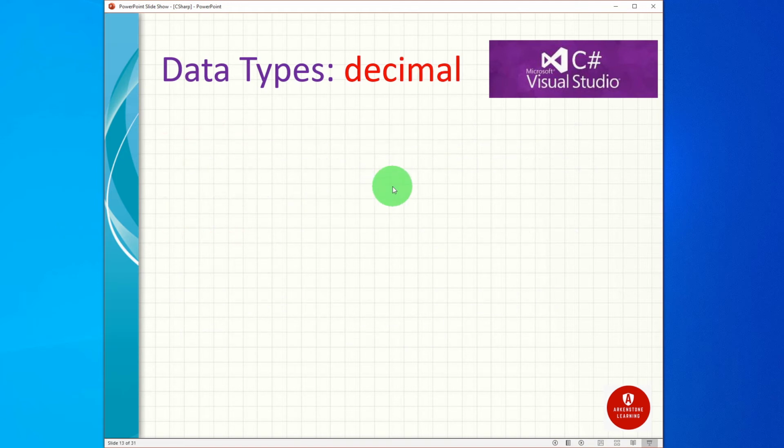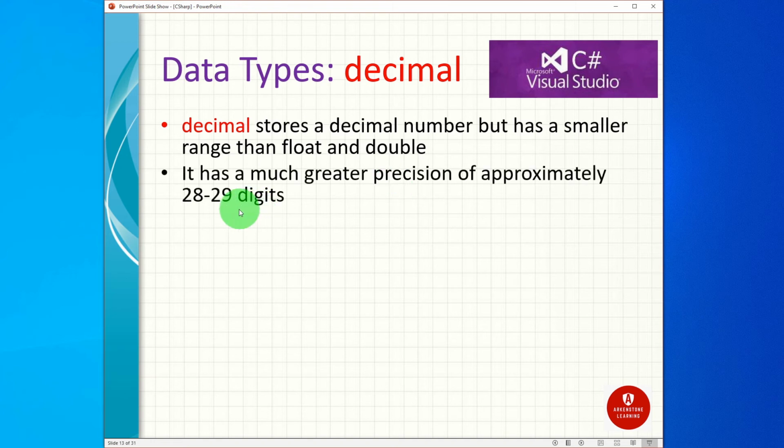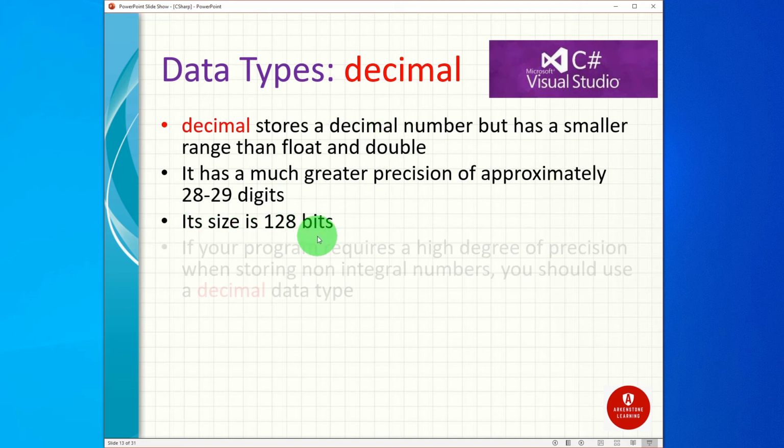Next data type is decimal. Decimal stores a decimal number but has a smaller range than float and double. It has a much greater precision of approximately 28 to 29 digits. Since it is storing a lot more precision values, its size is 128 bits.